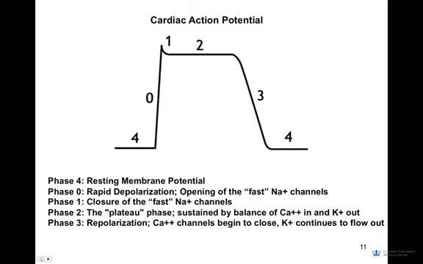The action potential in these cells is divided up into several phases. When one of these cells is sitting at resting potential, it's described as being in phase 4. For some reason, it starts off with 4. So whenever the cell is at resting membrane potential, it's in phase 4.